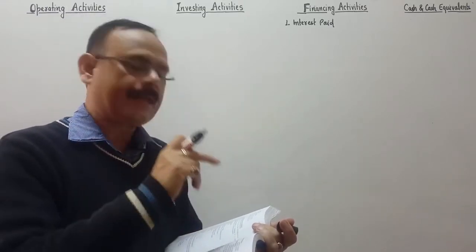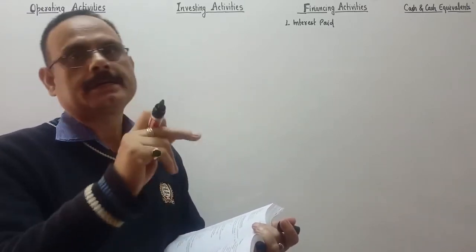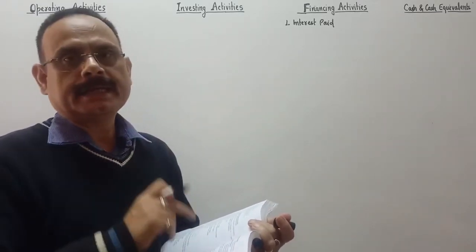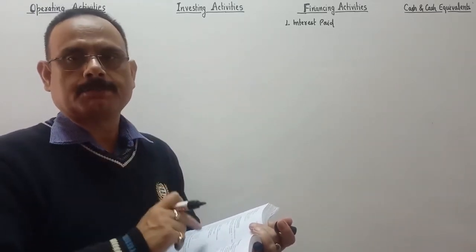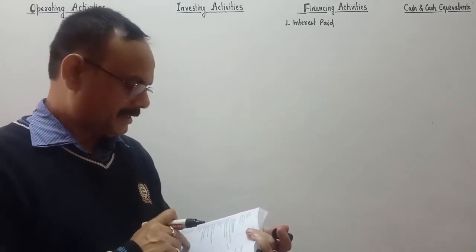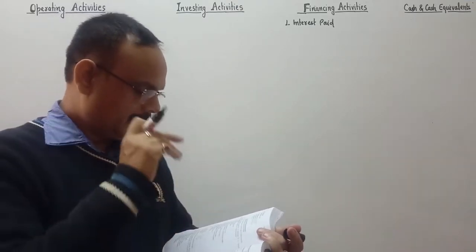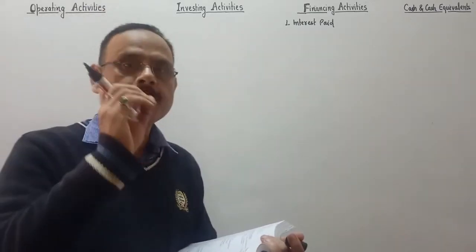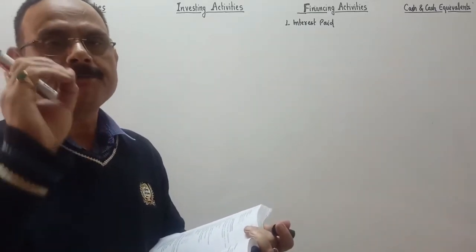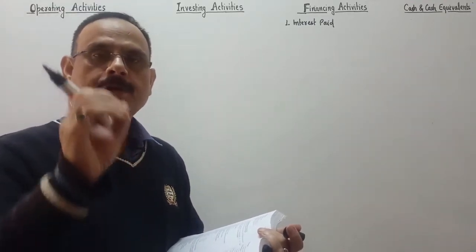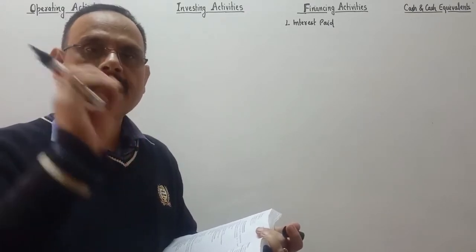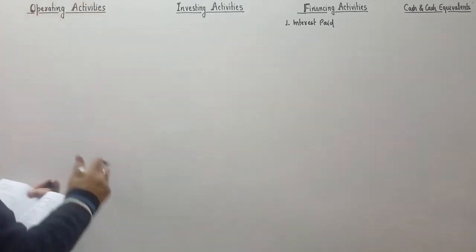If it is a finance company, then interest paid on long-term loans comes under operating activities, because it's the main revenue generating activity of a finance company.